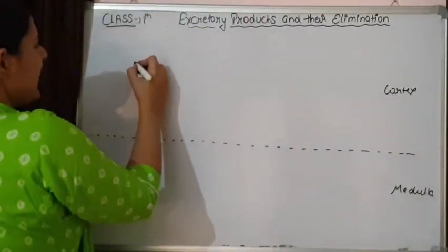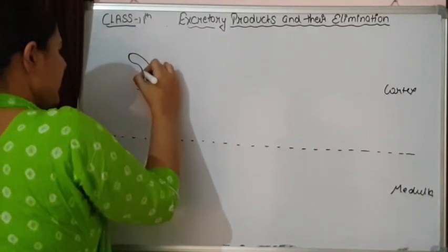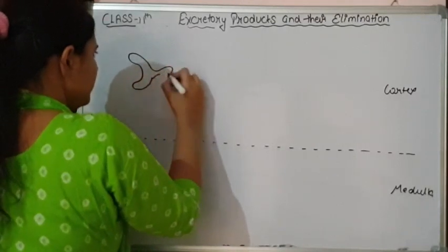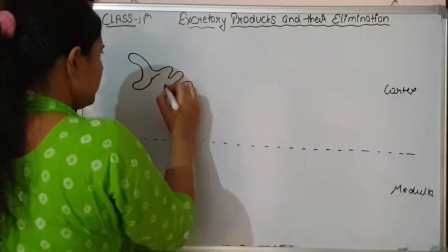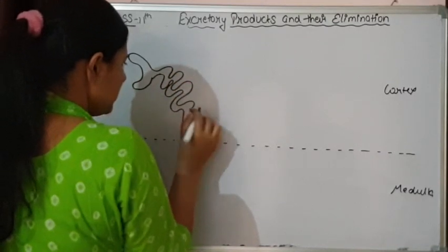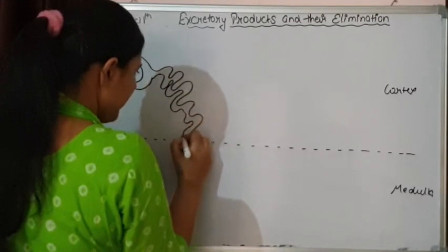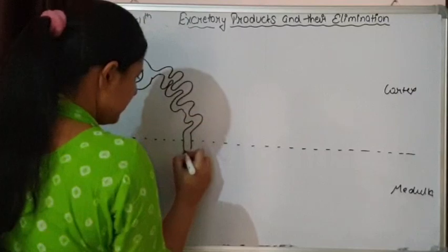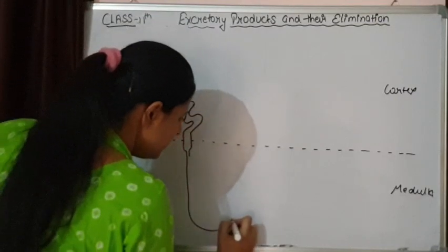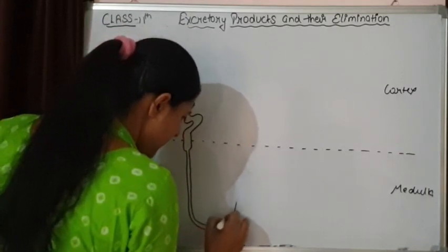If we see, you can say most of the part lies there. There is a long loop of Henle and that is lying in the medulla.